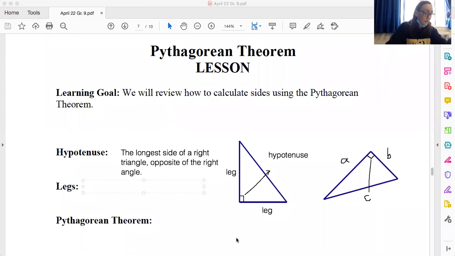Like I said, the legs are the two other sides of your triangle that come together to form that 90-degree angle.